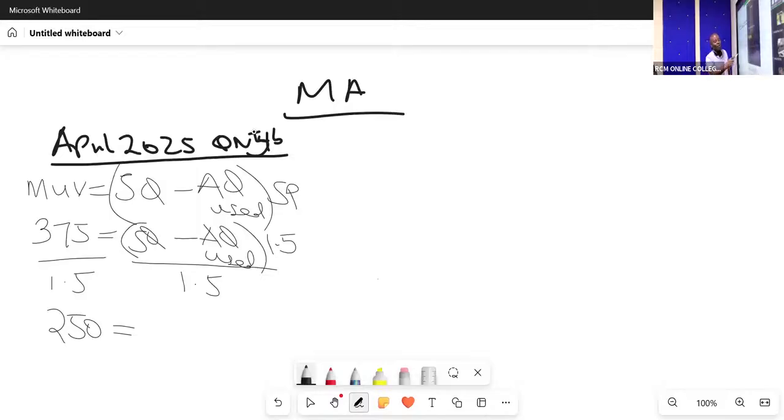So then 50 will be SQ minus AQ, like that. Revision proper starts when I tell you, then I will tell you welcome. Thank you so much. So you see, in mathematics, if you have two unknowns, how many equations do you need?